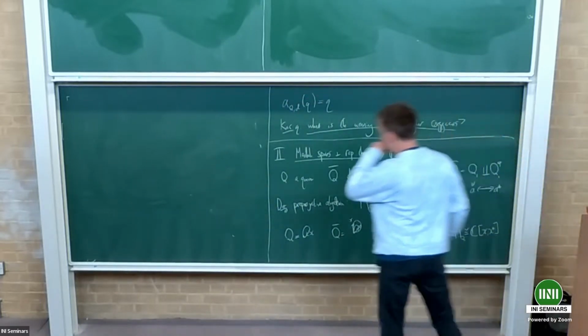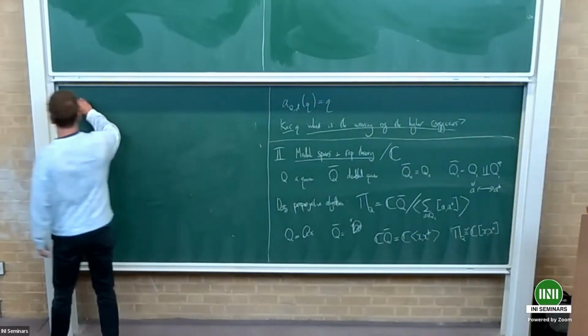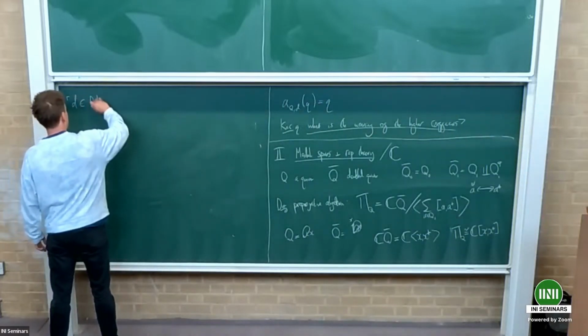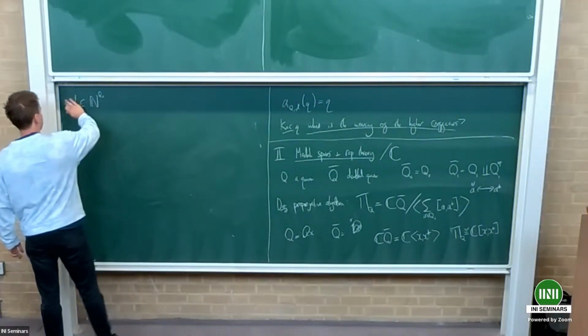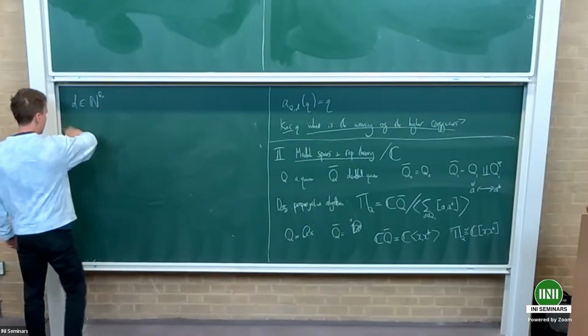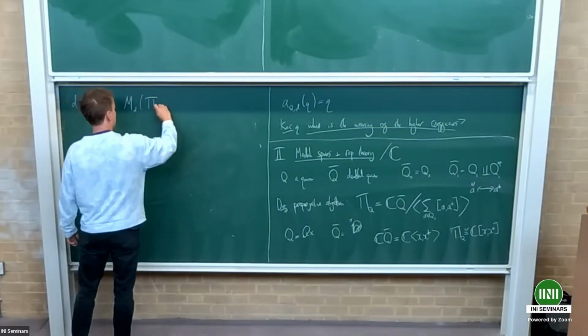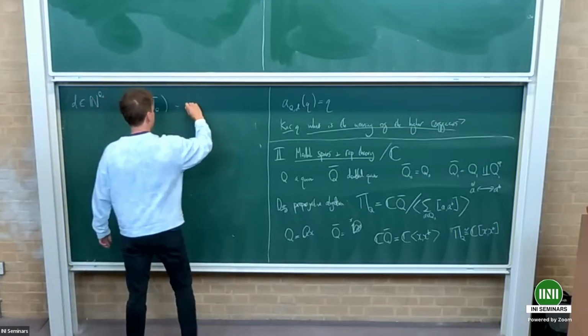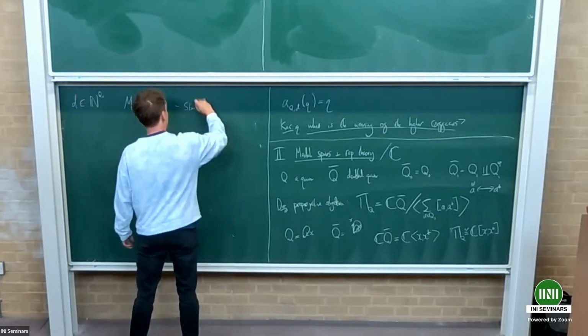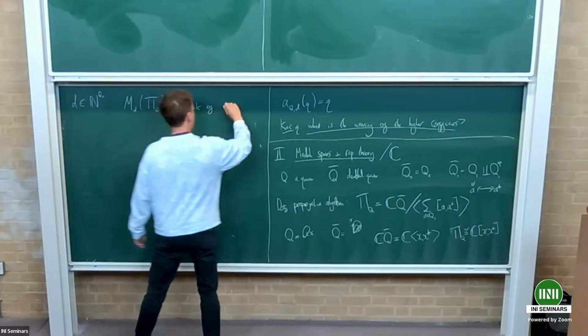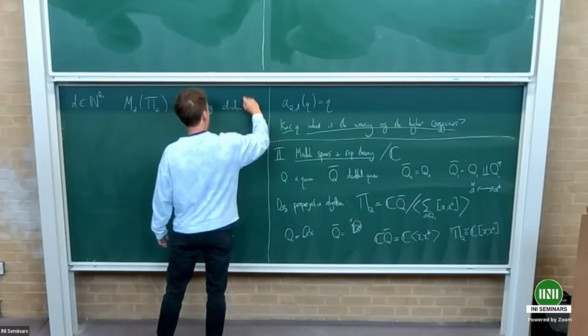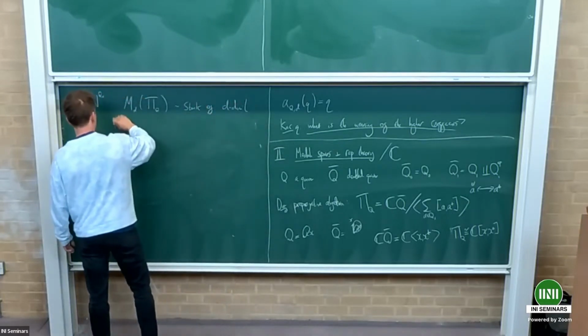Okay, so let d be a dimension vector. Then I consider M_d of pi Q. This is the stack of d-dimensional pi Q modules.